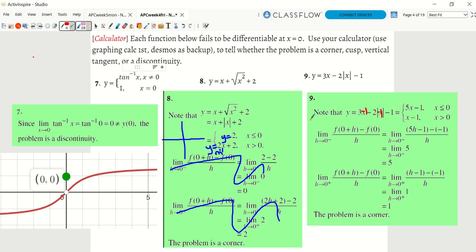So essentially this is going to be 3 times negative 1. And remember, this is positive 1. So I'm going to get minus 2 times 1.